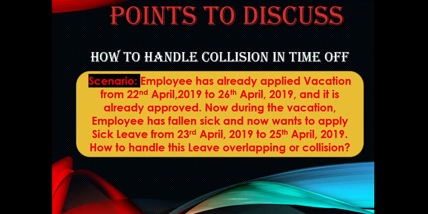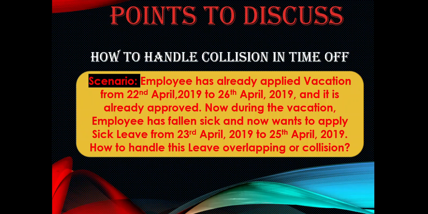Now, during that vacation, the employee has fallen sick and wants to apply for sick leave from 23rd April 2019 to 25th April. So within that duration, the employee already has approved vacation. How to handle this leave overlapping or collision, we'll check out today. So let's move on to the next slide.